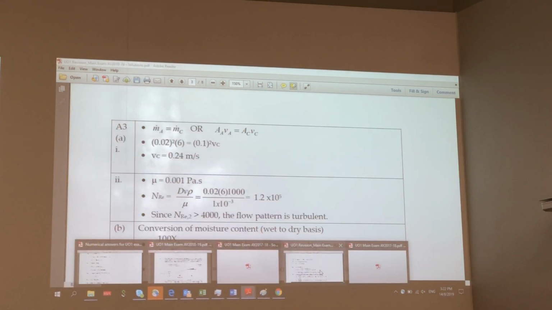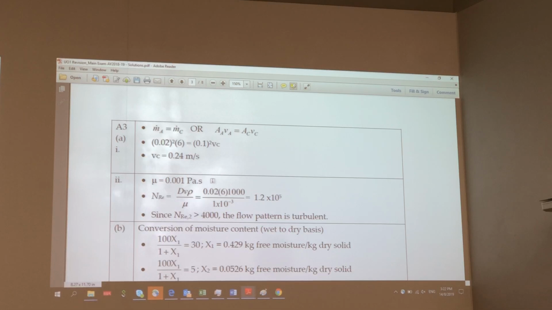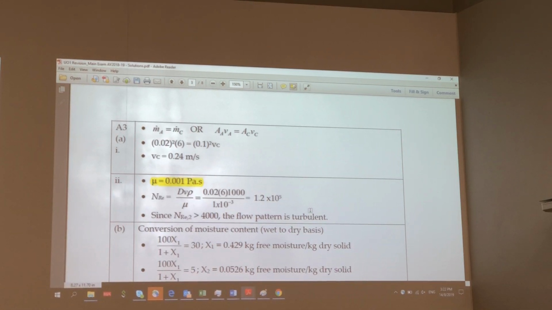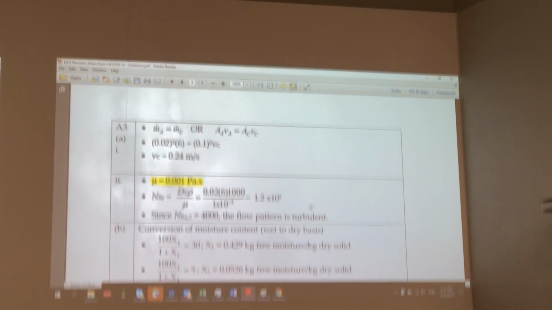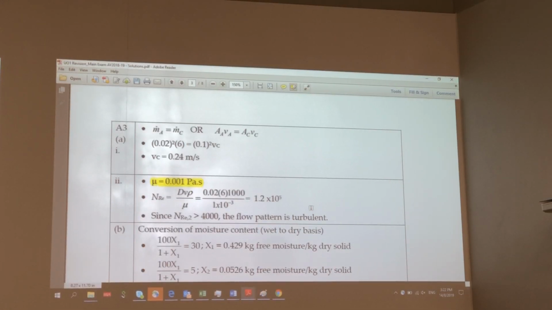So that's why we even give you 1 mark here for the unit conversion. You use this. See, 1 cp equals to 10 to the power of minus 3 Pascal times second. Okay? Please, once you see cp, quickly convert. You will see this.